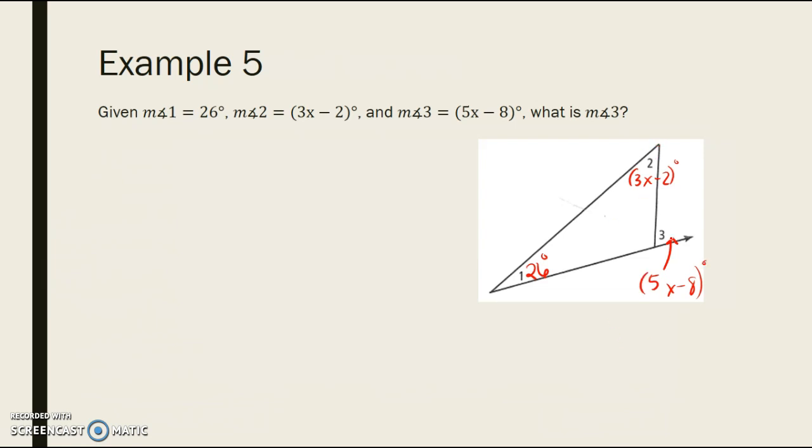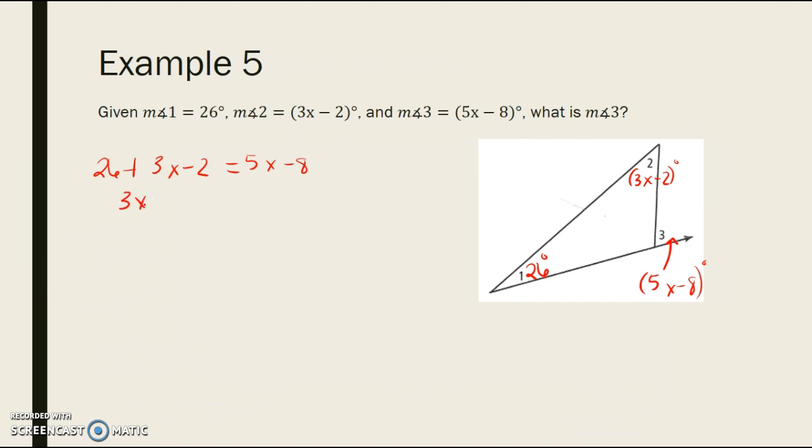We want to find the measure of angle 3. So the first thing we need to find is x. So we know that our two remote interior, the 26, or angle 1 and angle 2, have to add together. So 26 plus 3x minus 2 will have to equal our exterior, which is our angle 3, our 5x minus 8.